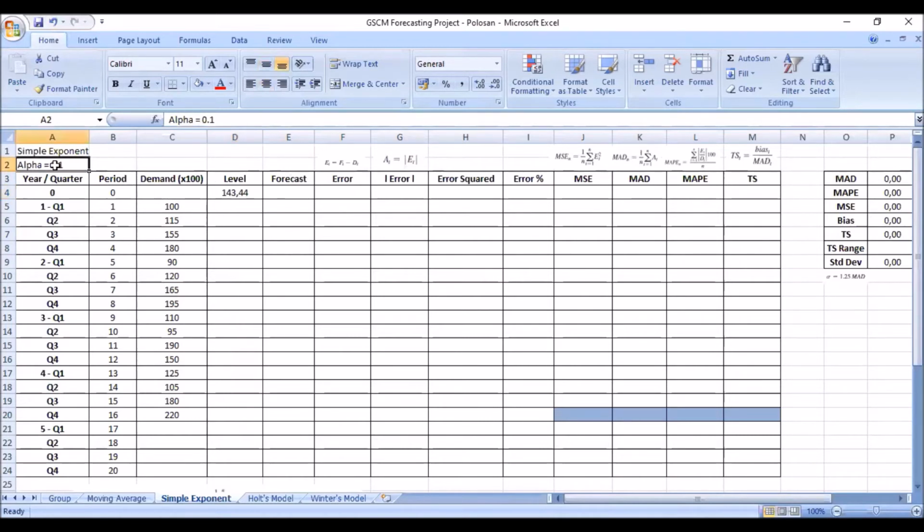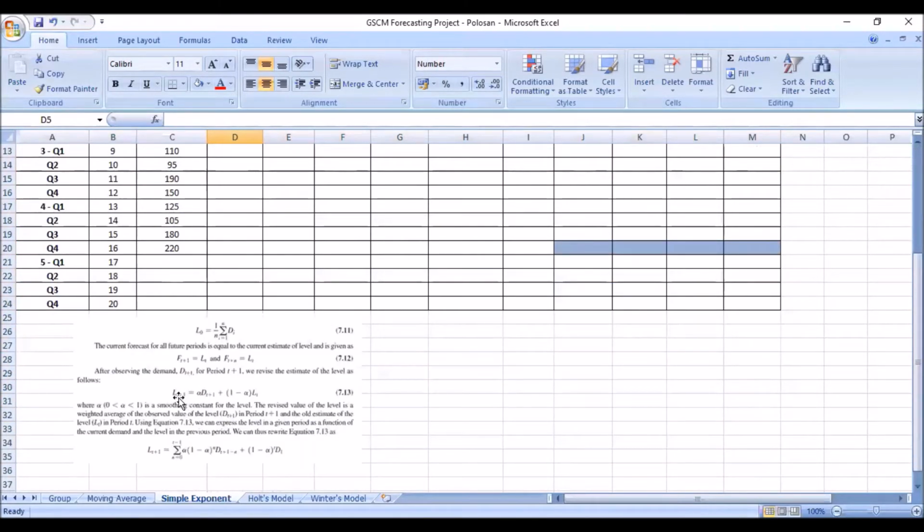Then we're going to find the next level, which is L1. In this case, our alpha is 0.1, which is the standard one, and we're going to use it to find every level. We're going to use the formula L(t+1) equals alpha multiplied by D(t+1) plus (1 minus alpha) multiplied by the level.